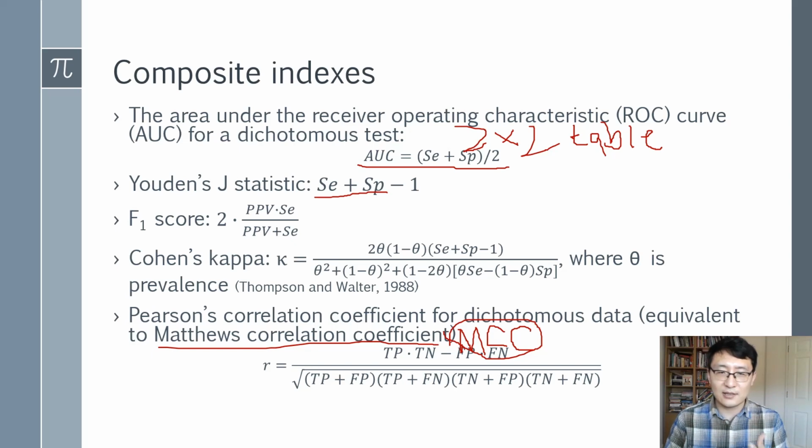It is a composite index or score, if you wish, of these measures. And MCC also happens to be equivalent to Pearson's correlation coefficient for a 2x2 table. So if you have a 2x2 table, you can also use Pearson's correlation coefficient to calculate the correlation between the two measures.